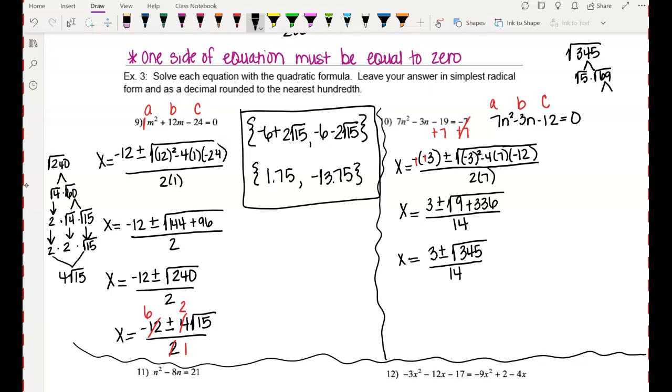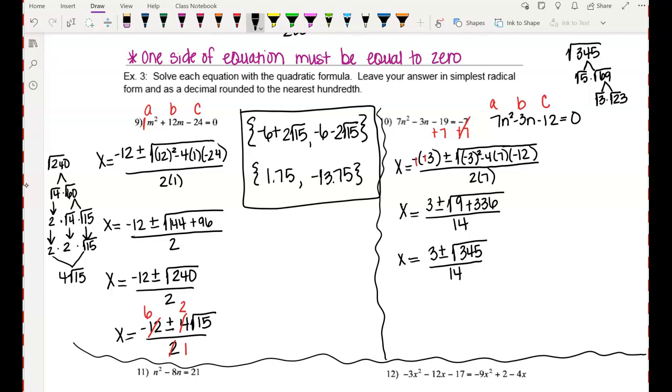So the square root of 69 is the square root of 3 times the square root of 23. Are there any perfect squares in any of that? No. So you actually can't simplify the square root of 345 any further. Radical 5, radical 3, and radical 23 are all prime and can't be simplified.